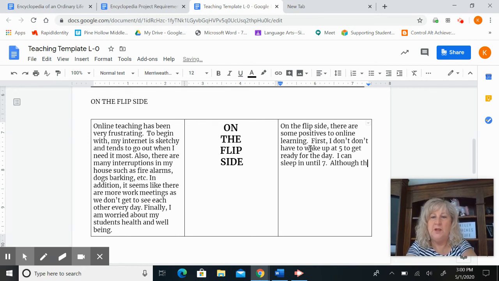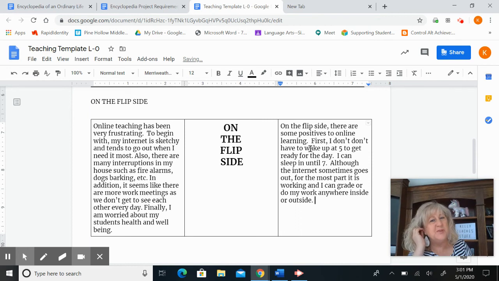Although the internet sometimes goes out, for the most part, it is working, and I can grade or do my work anywhere, inside or outside.